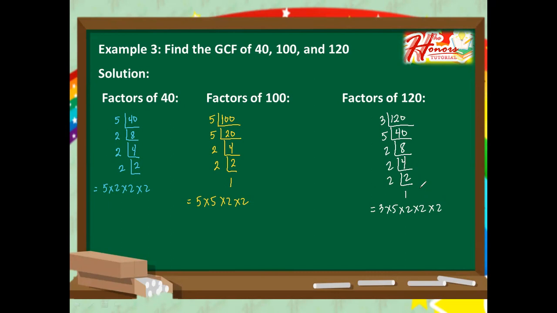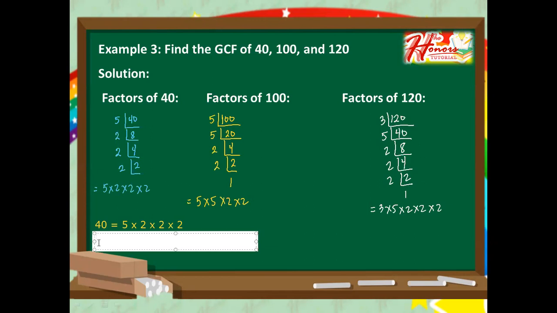Then now let's look for the GCF. Let's write it here below. For the GCF, let's write the factors of 40, 100, and 120. For 40, we have here 5 times 2 times 2 times 2. If you want to write it as 2 times 2 times 2 times 5, there's no problem with that as long as they are the same numbers that you are using.